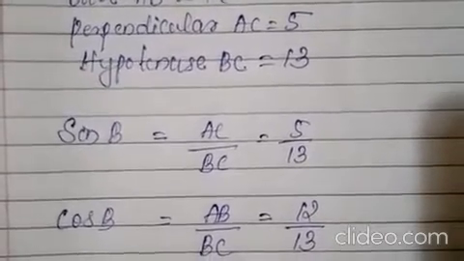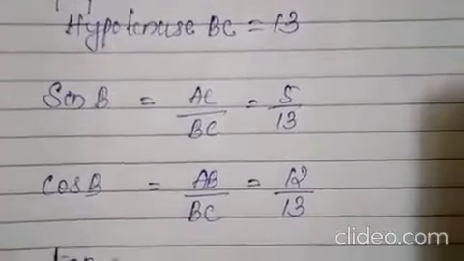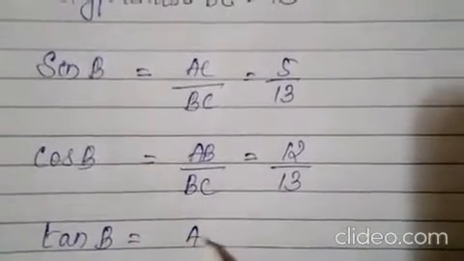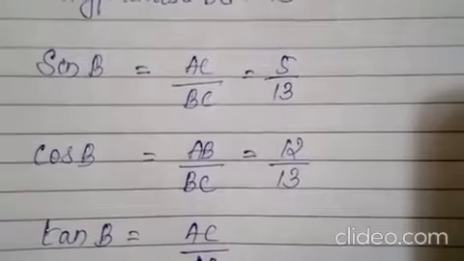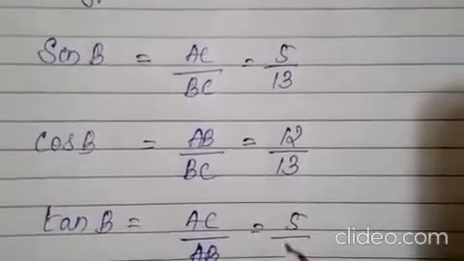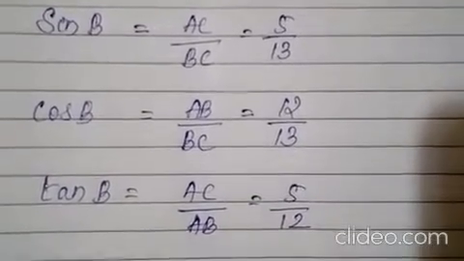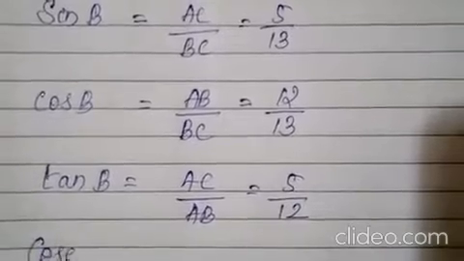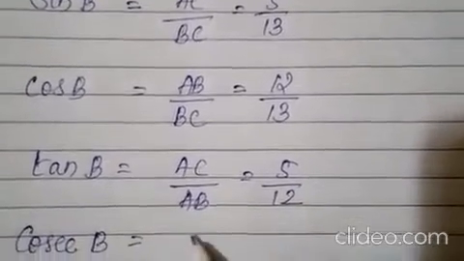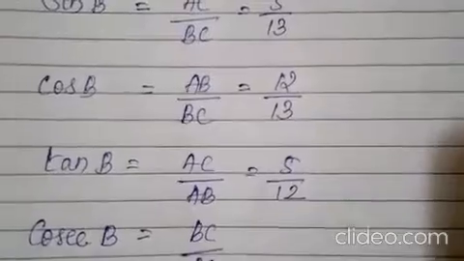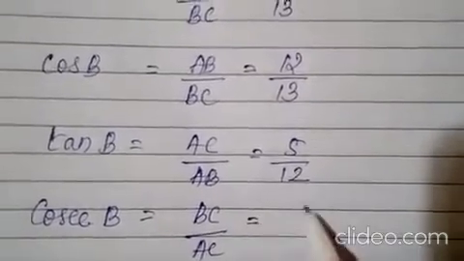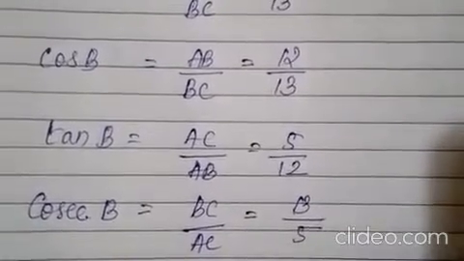And the next one is tan B equals AC by AB, that is 5 by 12. Next one is cosec B, that is BC by AC equals 13 by 5.